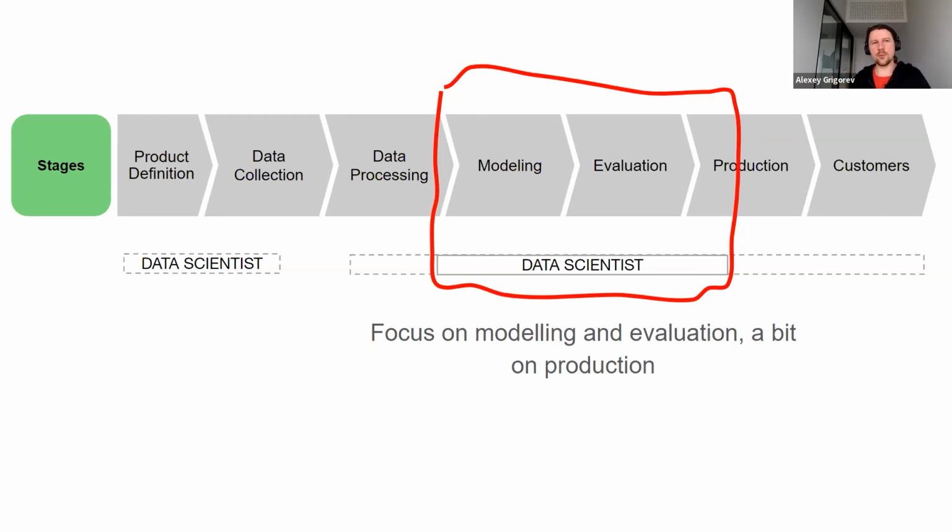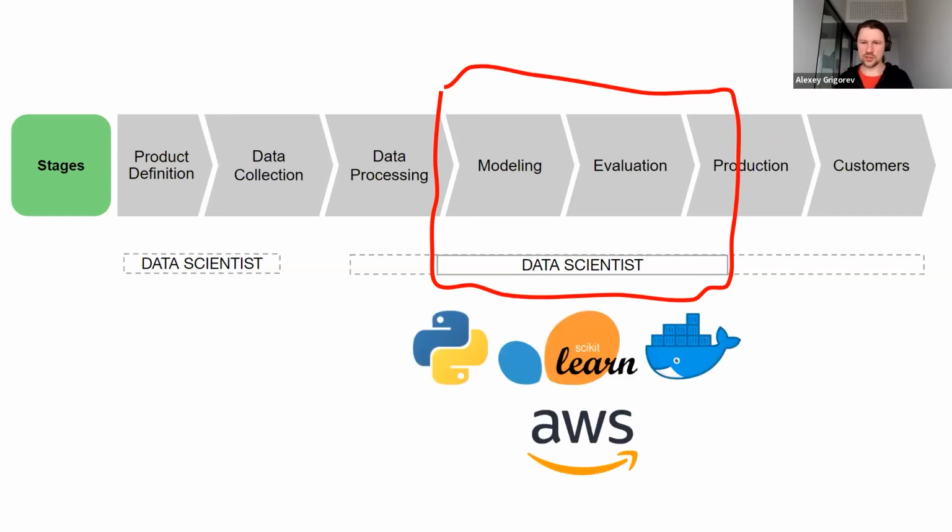And I think this is more or less similar across different companies. Many companies agree that data scientists should work on modeling and evaluation of models. But for us, data scientists also know a bit of engineering, because it's not enough to create a model. We also need to know how to deploy this model.